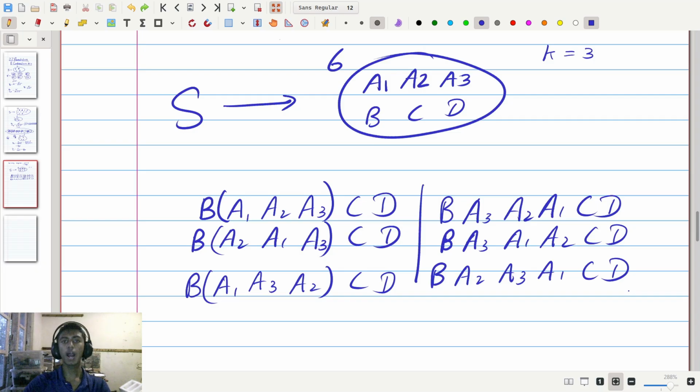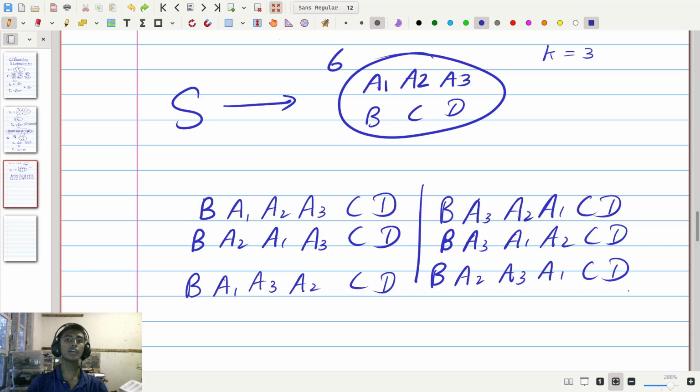So therefore, our overcounting factor is the number of duplicates factorial. In this case, we have 3 duplicates, K equals 3. So therefore, K factorial is 3 factorial, which is 3 times 2 times 1, which is 6. And here we can see, for this particular permutation B, AAA, CD, we have overcounted 6 total times.